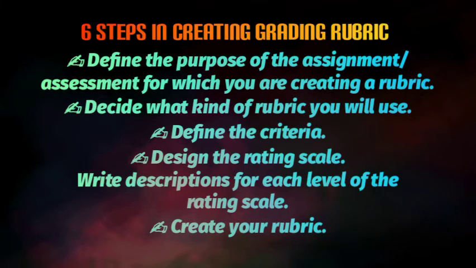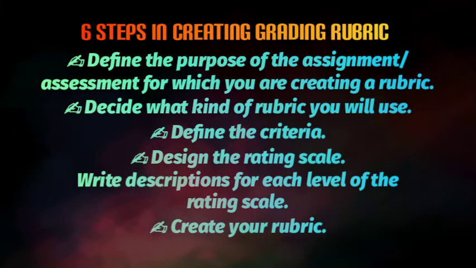These descriptions help students understand your expectations and their performance in regard to those expectations. For well-written descriptions, you can describe observable and measurable behavior, use parallel language across the scale, and indicate the degree to which the standards are met.